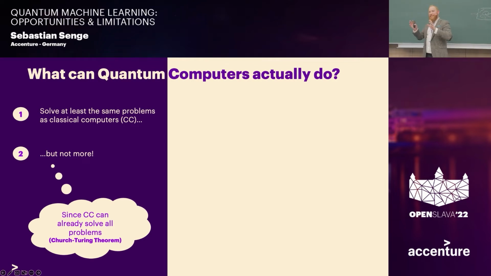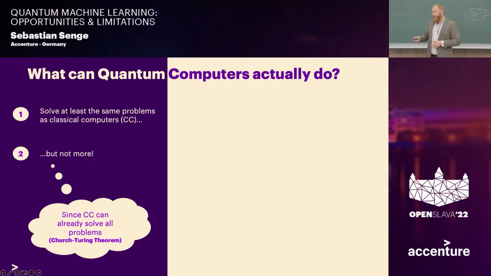There is not a single problem in the world that a quantum computer can solve that a classical computer can't solve. You might ask why, and the reason is pretty simple. About 110 years ago, there was a lot of discussion exactly about this problem, whether there could be more futuristic computers like quantum computers, and whether they can solve additional problems or not.